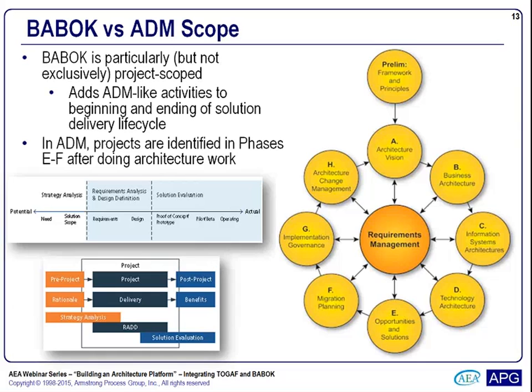So there are ADM-like activities at the beginning and the ending of the more project-focused solution delivery lifecycle. And as I hope many people here know, in the ADM, when we're using this to drive transformation, we really don't know exactly what the projects are until after we've done architecture work in A through D. So when we're in phases E and F, that's where we actually identify the projects.